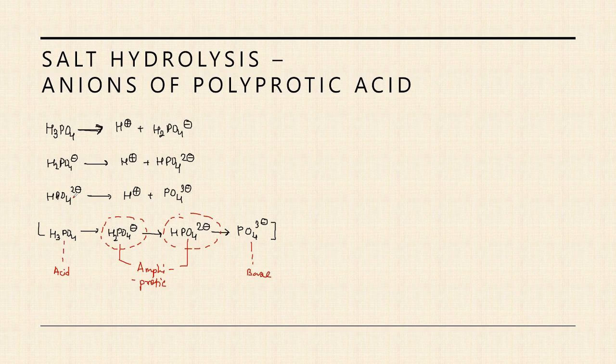So you have to understand very carefully how you will calculate pH if this is being formed, this is being formed and this is being formed. So there are two cases that will arise.